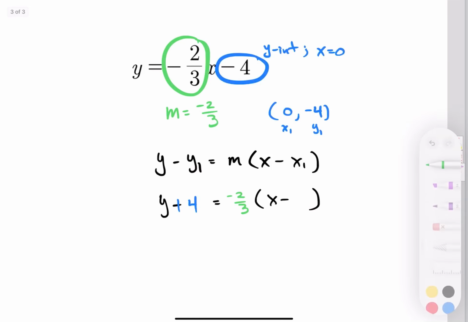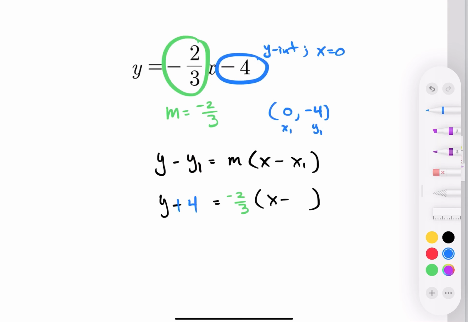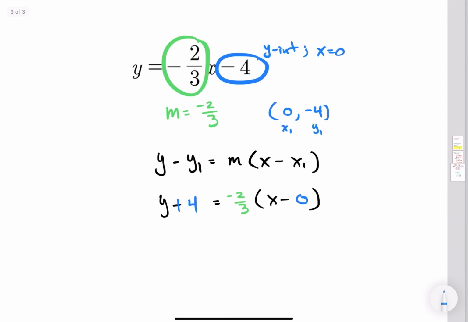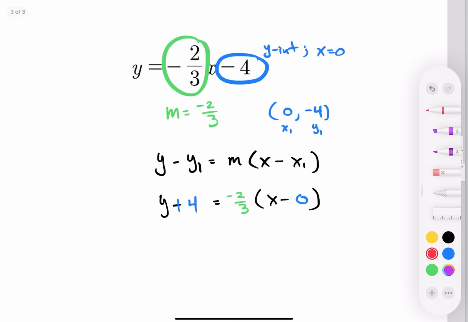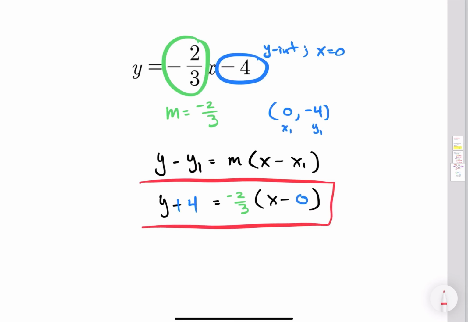And our x1 is going to be 0. Now, I am going to leave it like that. I'm not going to go ahead and do negative 2/3 x. Instead, I'm going to leave it like this because that's the format of point-slope form. So I need to be able to see my point, which is that 0 and that 4, and I need to be able to see my slope, which is negative 2/3. So that's how you go ahead and write out your linear equations in point-slope form.